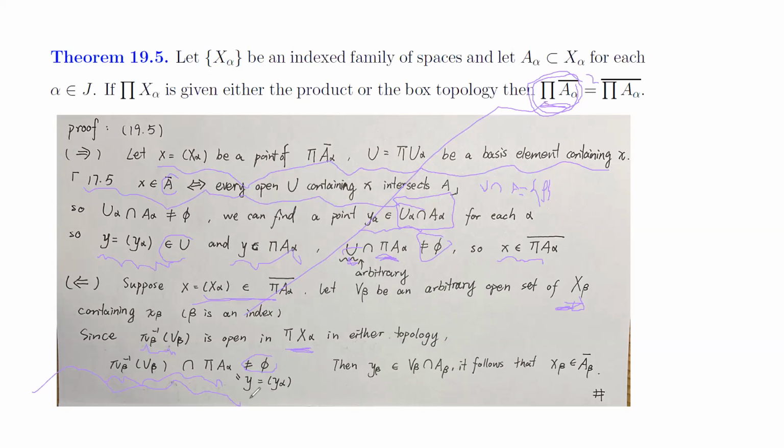Then we can find the point Y as an element of this intersection. And this Y beta is in V beta intersect A beta. It follows that X beta is in the closure of A beta. So X is in the product of the closures of A. Oh, it's a very difficult approach, so I think yours is better, if it's correct.